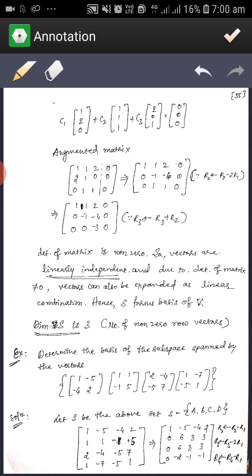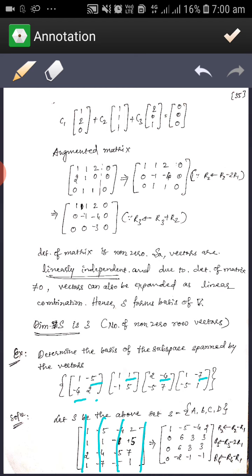With 4 vectors, the first is 1 1 2 1, then minus 5 1 minus 4 minus 7, and the third and fourth vectors go in the third and fourth columns. The order should be maintained.